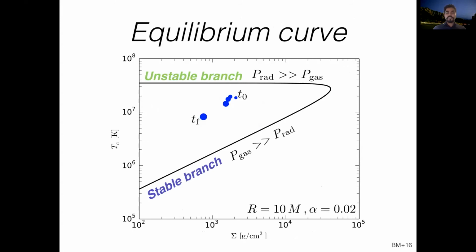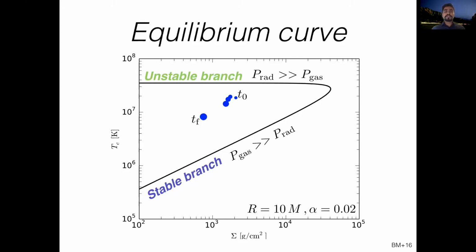Now, let's see what happens to the radiation pressure dominated disk case. If you go back to those stability curves, this is called an S curve, although you don't see the S actually, because you would have to include the upper branch too, which corresponds to slim disks and hot advection dominated disks.